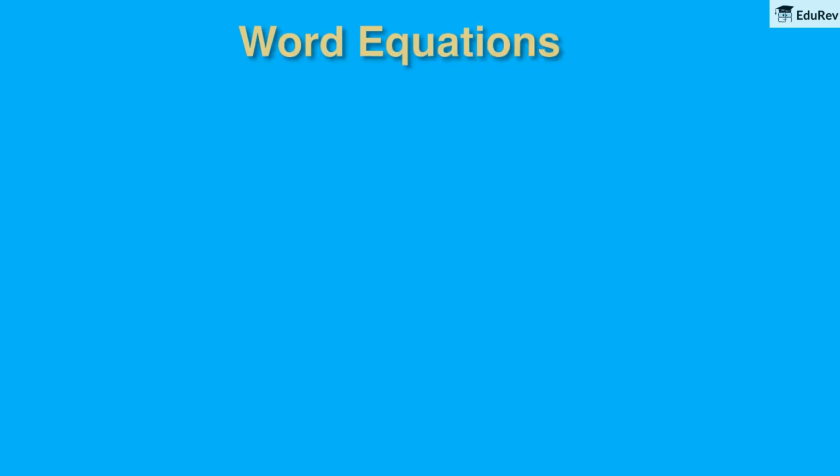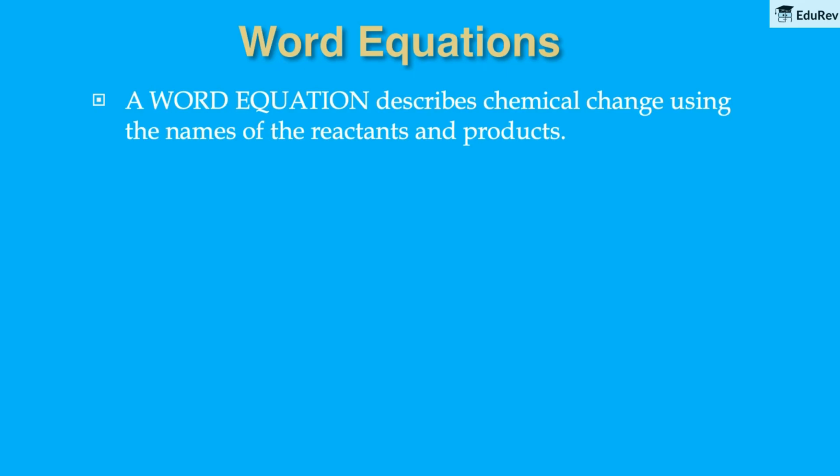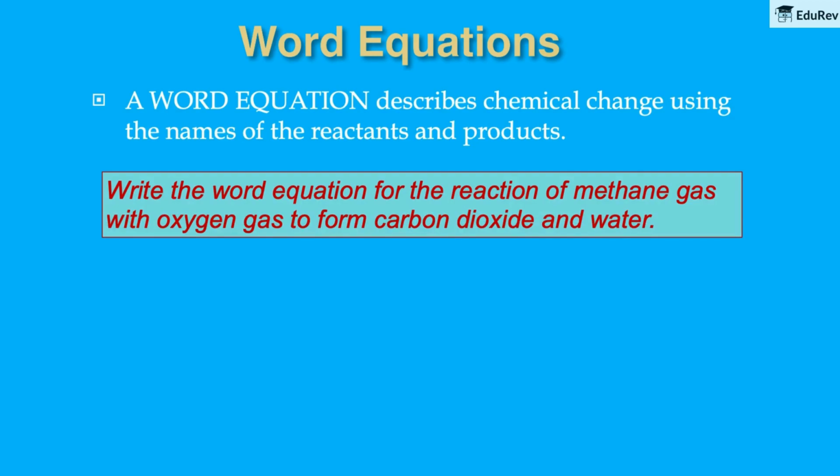So, how would we represent a chemical reaction? One way is to use word equations. A word equation describes chemical change using the names of the reactants and products. Let's see an example. Write the word equation for the reaction of methane gas with oxygen gas to form carbon dioxide and water.